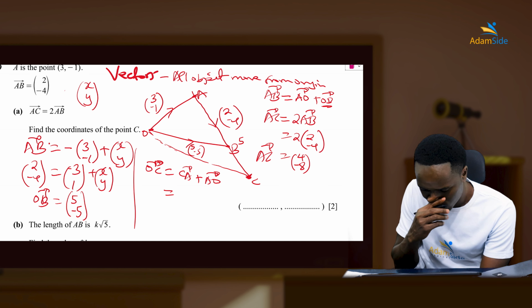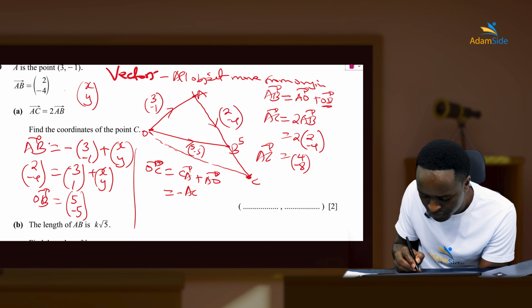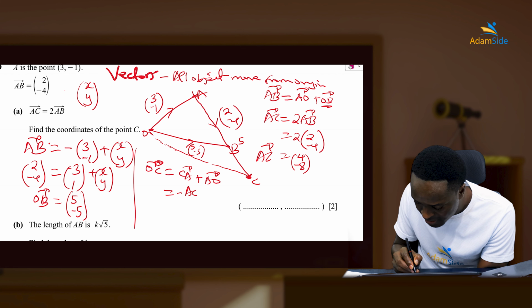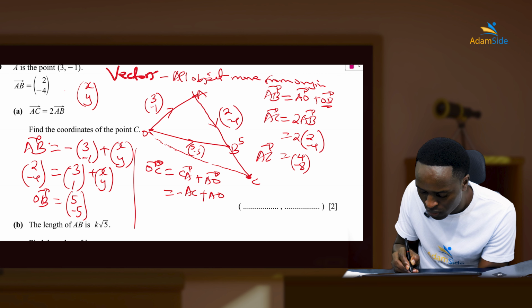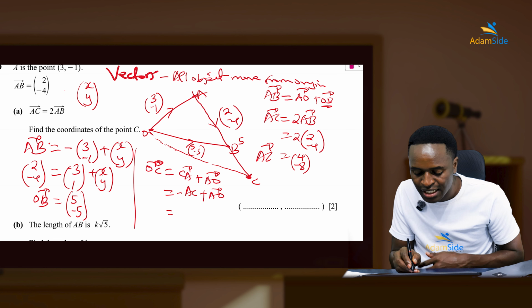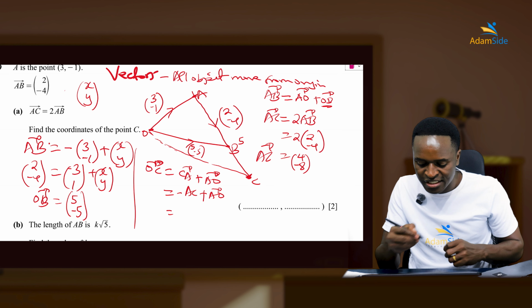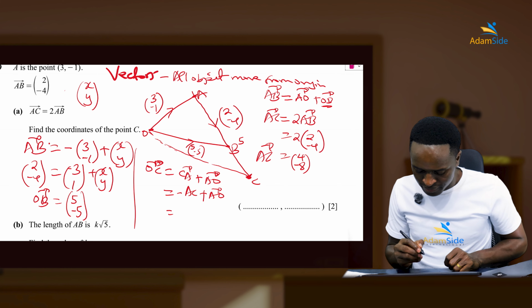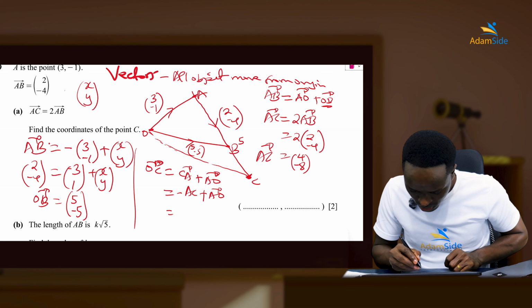What's vector CA? Vector CA is negative AC, so negative AC plus vector AO, which is negative OA.